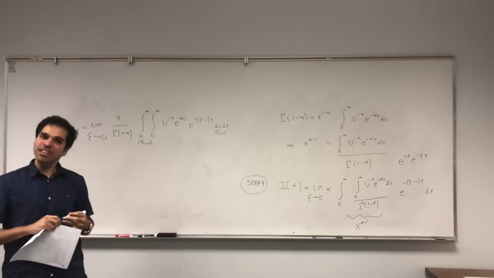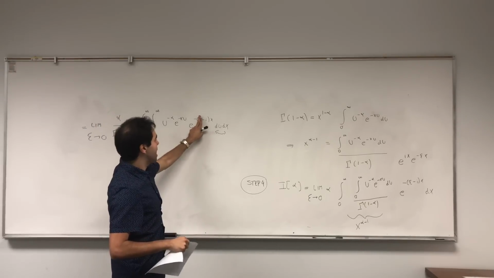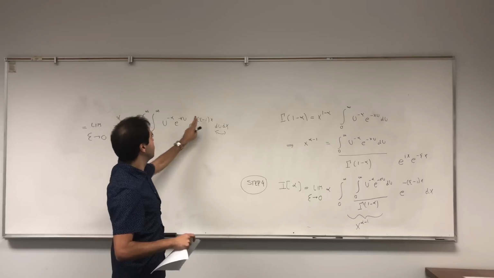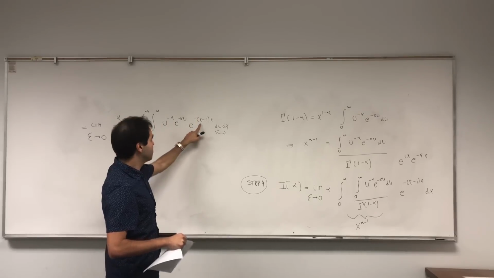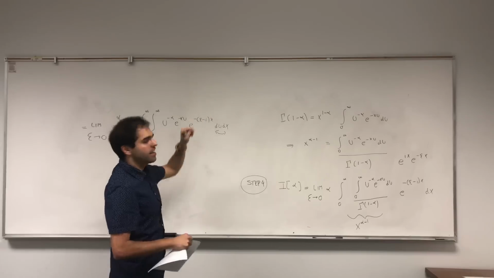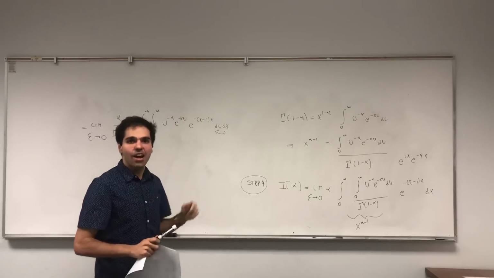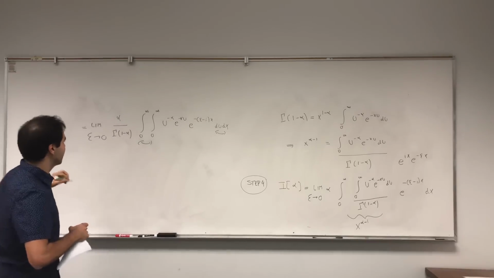By the way, let me now explain why this epsilon is important. If there wasn't this epsilon, as I said, the integral might not converge. But it's precisely because of epsilon that we have exponential decay, and this is the thing that allows us to interchange the integrals.